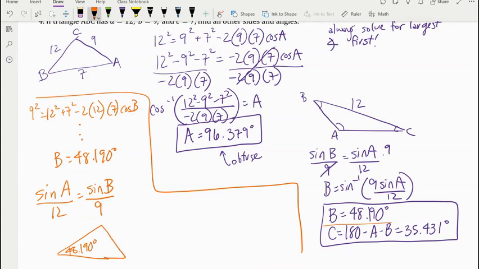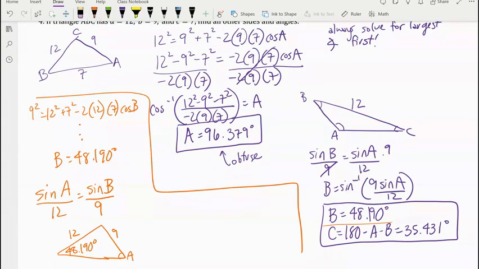The side length across from it is 9. This side is 12. And so notice that I'm not using C at all. So when I set it up this way, I'm using the ambiguous case of law of sines, because I'm using the numbers 9, 12, and 48.19 degrees, and then angle A. So I am not using the fact that C is 7 at all.